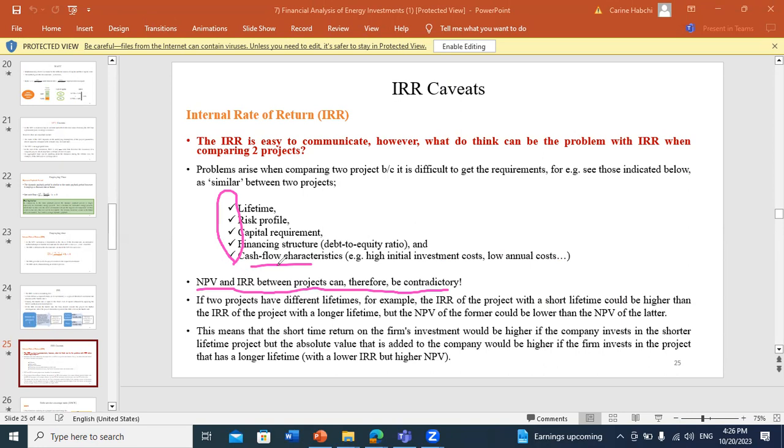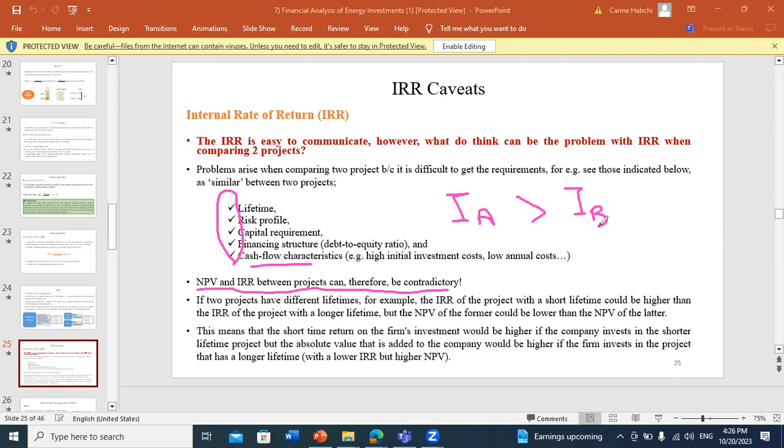Why? Because let's say you have a certain project with high investment. If the investment in project A, for example, is larger than project B, it's true that for larger investment you expect larger incomes.